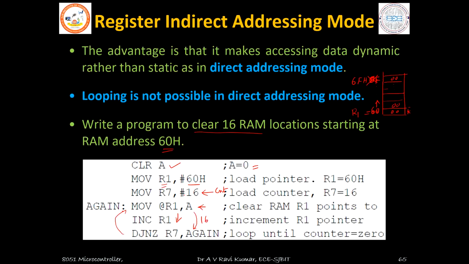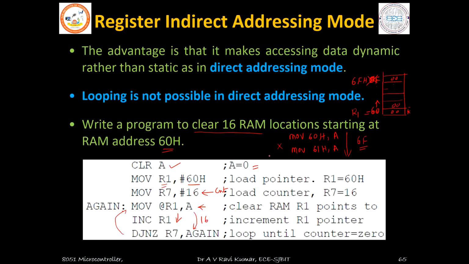So this is how I can do it indirectly. If I want to do the same in direct addressing mode, it is almost impossible to make a loop. I can write it the same way: move the accumulator content, the 00, to the location 60H, next move 61H comma A, and so on until 6F for 16 memory locations.